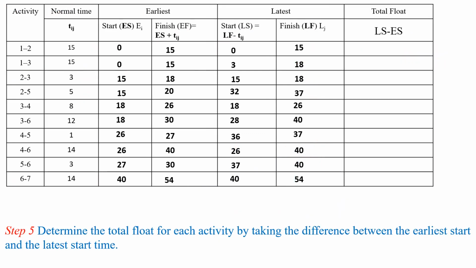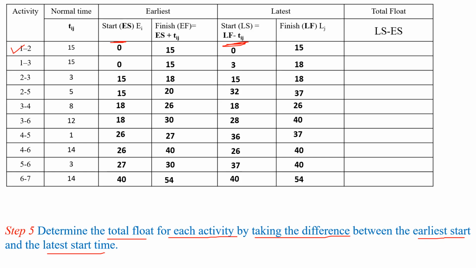Next step 5 is to determine the total float for each activity by taking the difference between the earliest start time and the latest start time. First observe the total float for the activity 1 to 2. That is the latest start time LS minus ES, earliest start time.